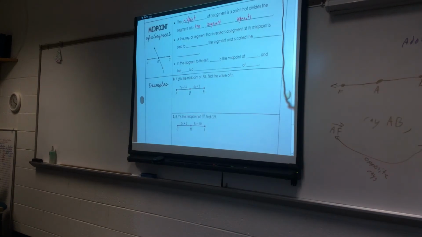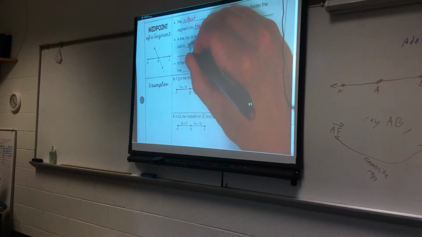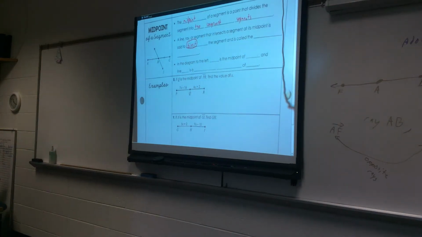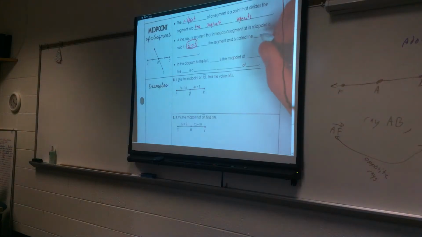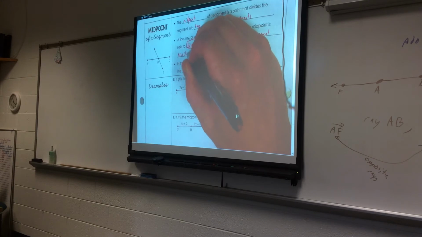A line, ray, or segment that intersects a segment at its midpoint is said to bisect. This is a big word. Circle it. You're going to see it a lot throughout all of geometry. A segment, and it's called the segment bisector.